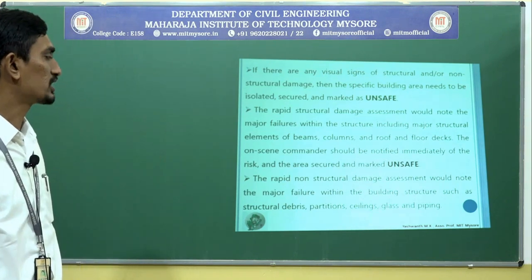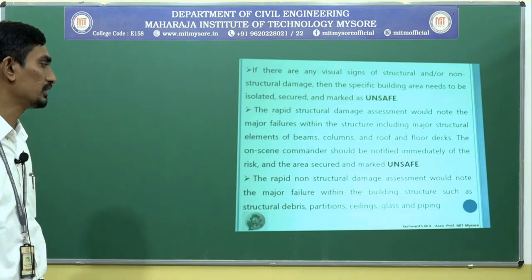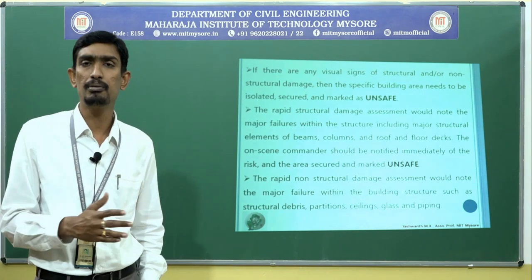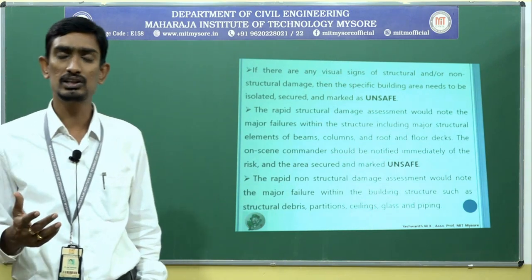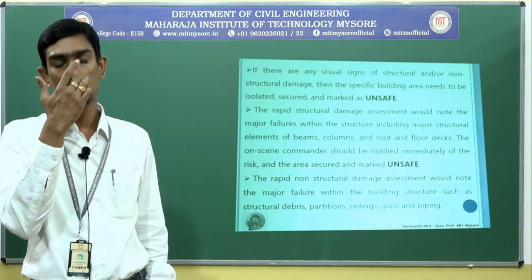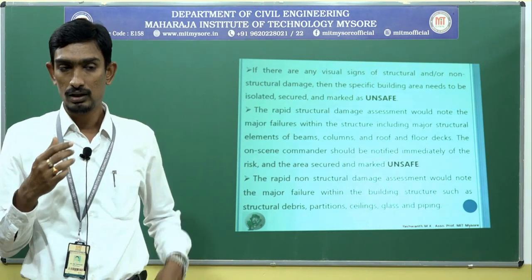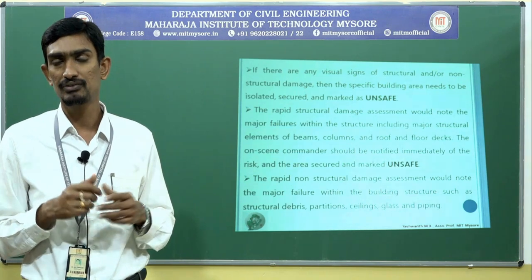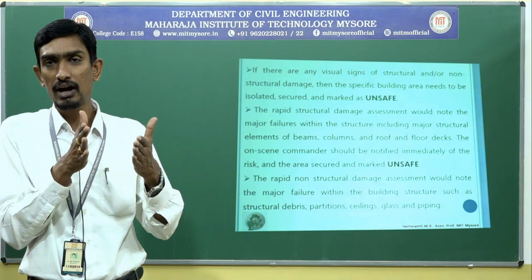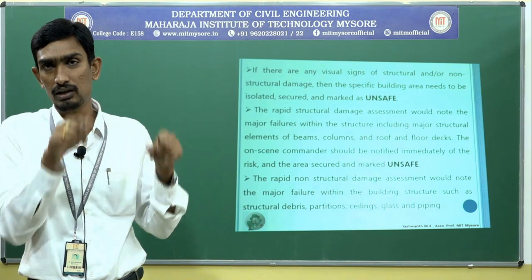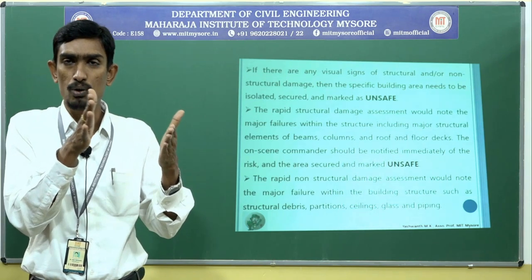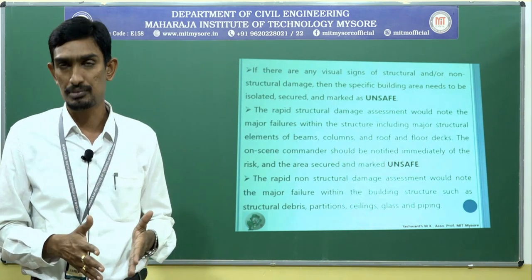Next, the rapid non-structural damage assessment would note major failure within the building. That means how you diagnose the building for the structural part, also some damage that is going to happen to the non-structural part. For example, if there is a glass facade and it is completely broken, or the windows provided have been completely broken, any chance it may collapse.